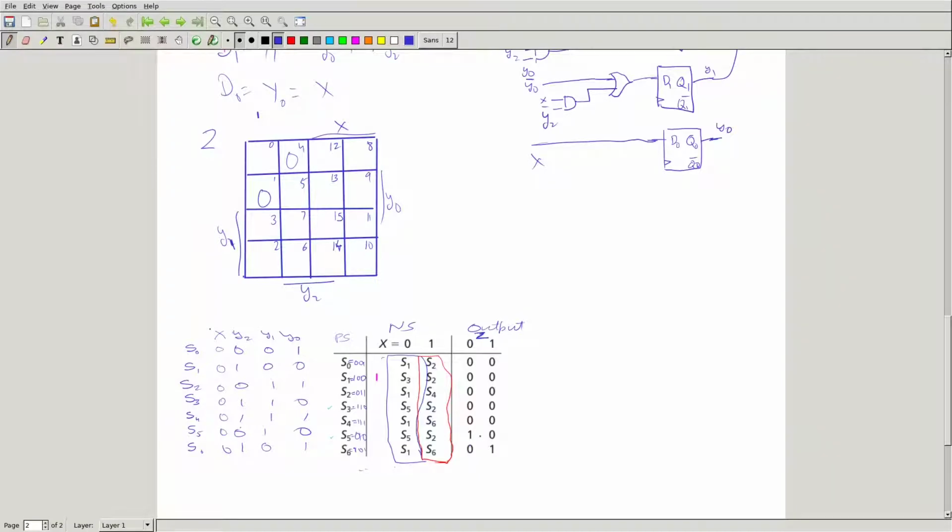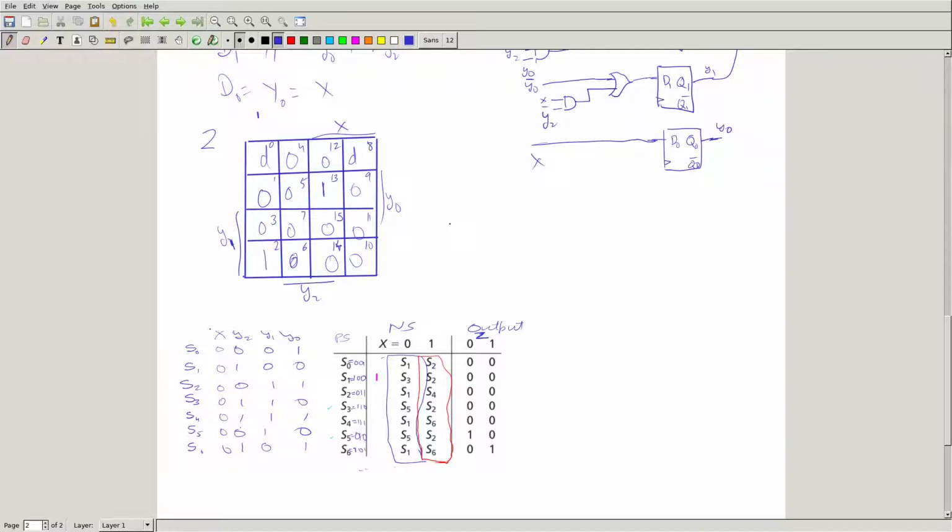Basically for x equal to 0 we have all zeros, except the S5 which corresponds to 2, that is 1, but otherwise everything else is 0. And for x equal to 1 we have S6, whose encoding is 101, that is 5 plus 8, 13, so that makes this 1, and the rest of them 0.